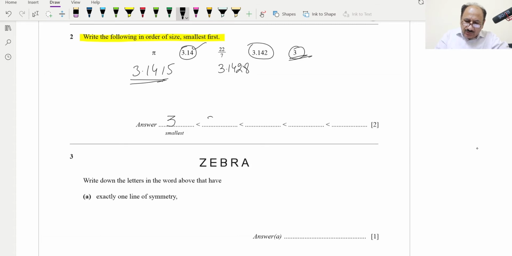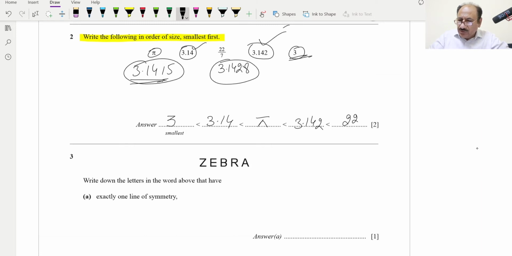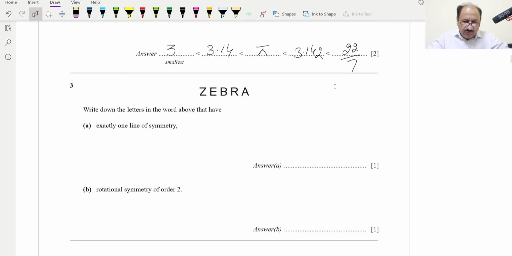Then the third number will be pi, and the fourth number will be 3.142, and the largest number is 22 over 7. This will be the sequence, and this is a 2-mark question which we are done.